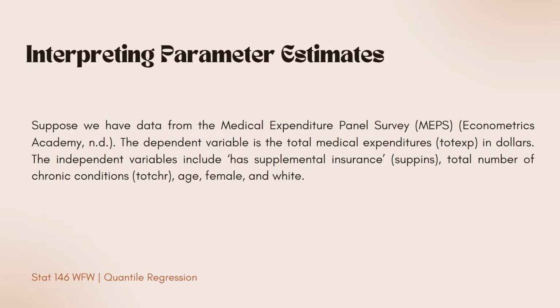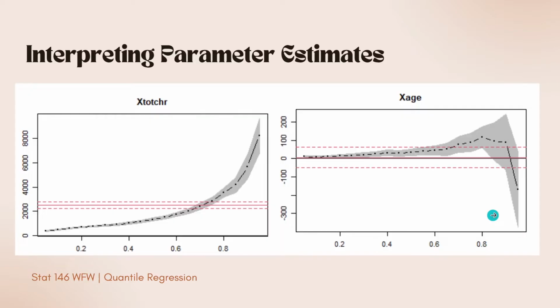Now, to illustrate all these points, suppose we have data from the Medical Expenditure Panel Survey, so MEPS Economic Economy. The dependent variable is the total medical expenditures in dollars, and then the independent variables are itong lahat ng to. Now, tignan natin yung total number of chronic conditions and yung age na variables.